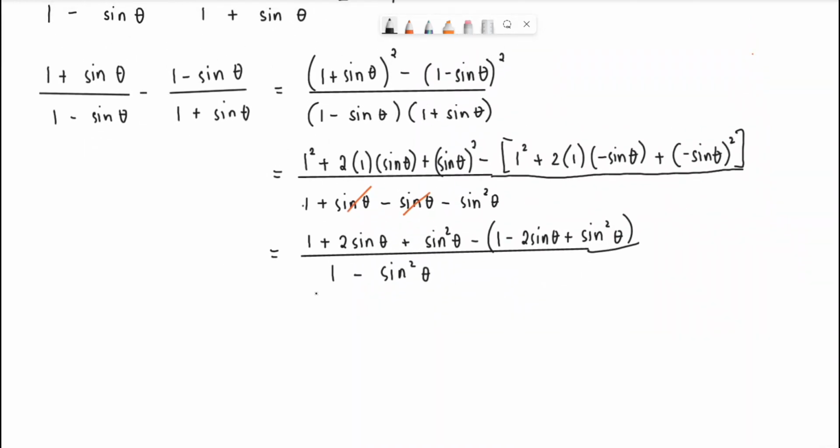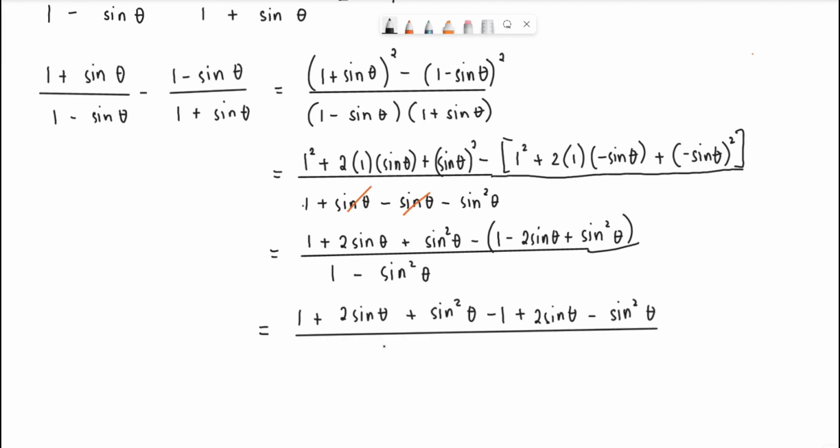We will now have 1 plus 2 sine theta plus sine squared theta. Negative times positive, negative 1. Negative times negative, positive 2 sine theta. Negative times positive, negative sine squared theta, all over 1 minus sine squared theta.